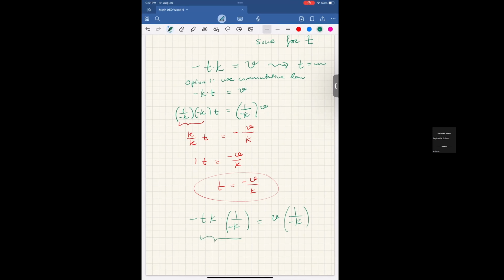So negative and negative is a positive. And you will have t, k times 1 is k, v times 1 is v all over negative k. Your k terms basically cancel out just like they did before. You've got t times 1, because anything divided by itself is just 1, is equal to negative v over k. T times 1 is just t, so you get t is equal to negative v over k, and that's your answer.